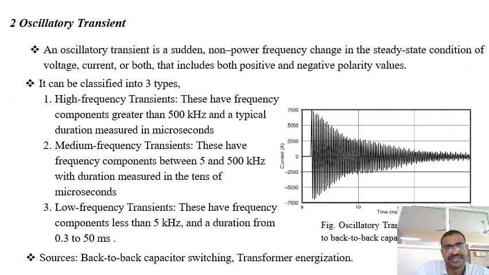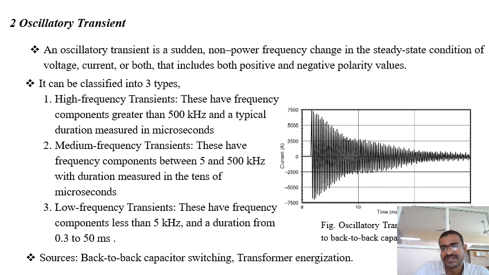Coming to oscillatory transients. An oscillatory transient is a sudden non-power frequency change in steady state conditions of voltage, current, or both, that includes both positive and negative polarity values. It can be classified into three types: high frequency, medium frequency, and low frequency transients. High frequency transients have frequency components greater than 500 kHz and typically a duration measured in microseconds.